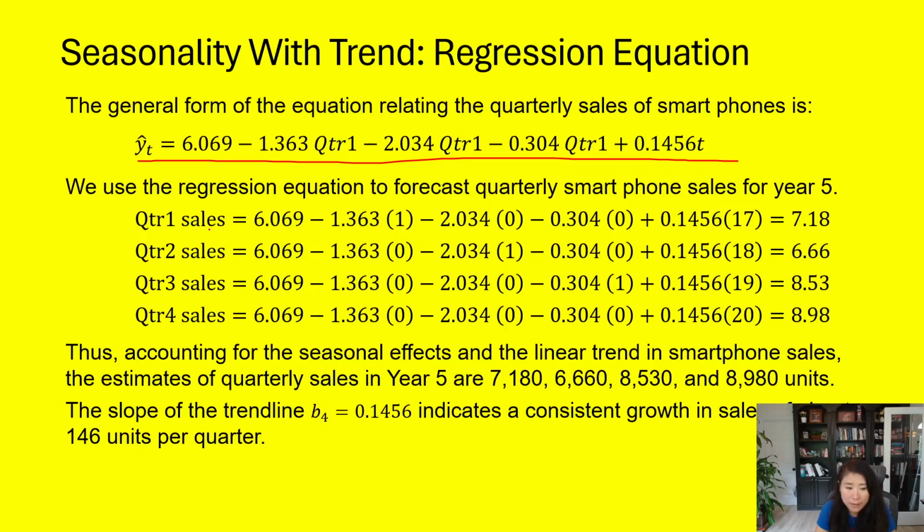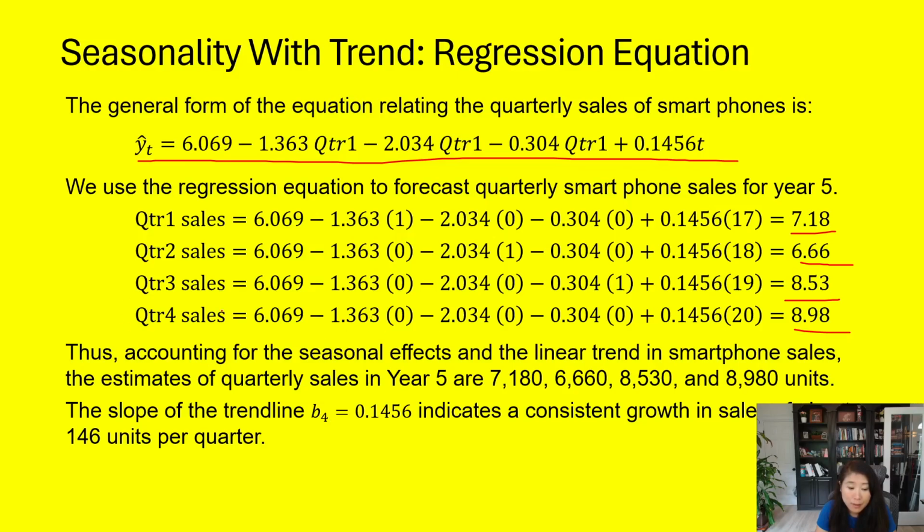If I'm estimating the Q1 sale for next year, Q1 corresponds to 100 for the dummy variable, and since it is the next period, the period is 17. Then for Q2, we look at the Q2 dummy variable 010, and since it's the next period, it will be 18, etc. So this is the predicted sales for 5 years.